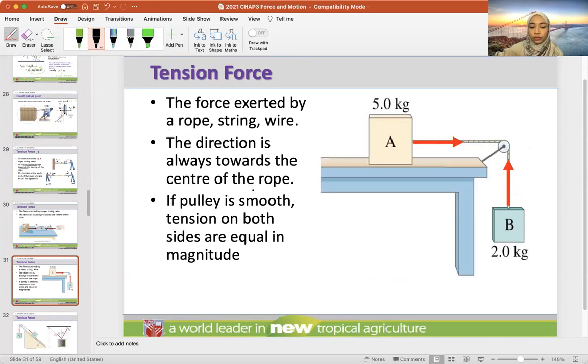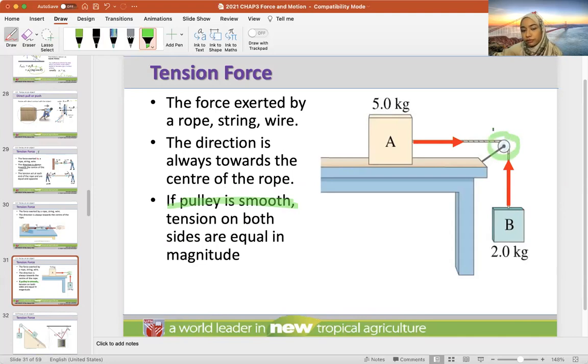If the pulley is smooth, there's a condition. If the pulley is smooth, let me use a different color. If the pulley is smooth, okay, I'll highlight this. If the pulley is smooth, then the tension on both sides is equal. Earlier I said one dimension, tension is the same. But there is another condition. If the pulley is smooth, what is a pulley? This guy.